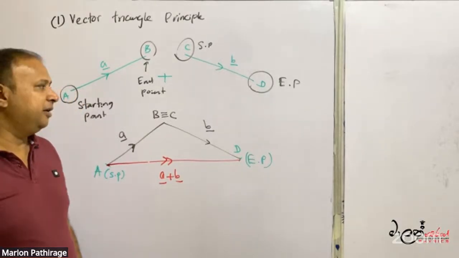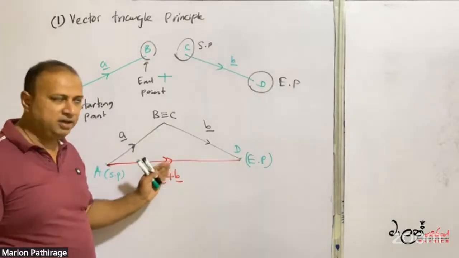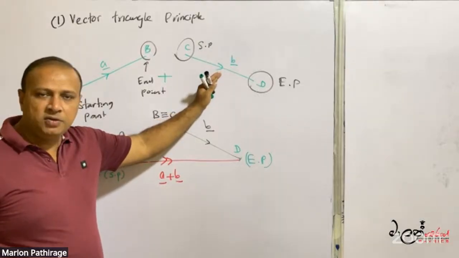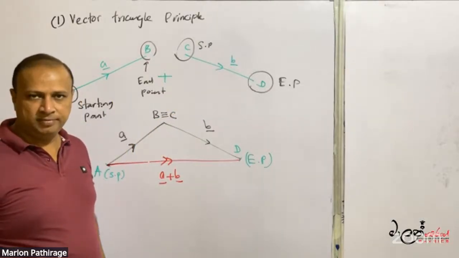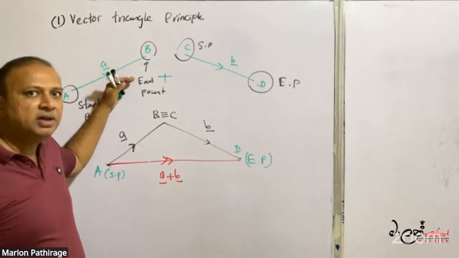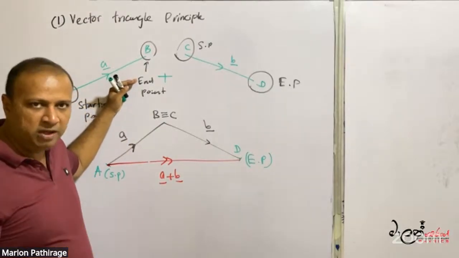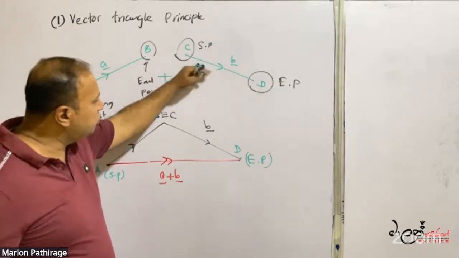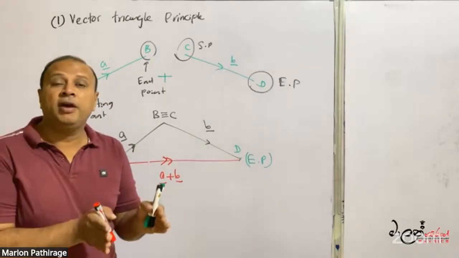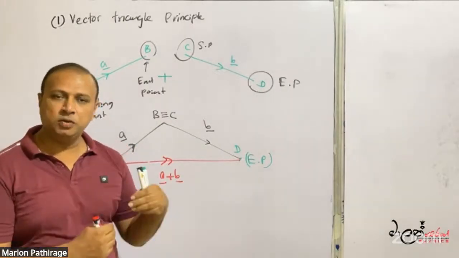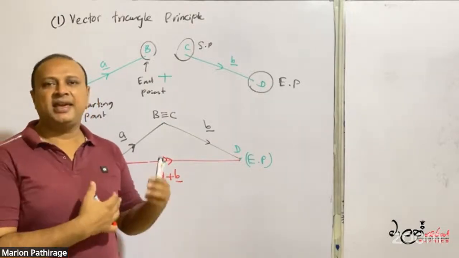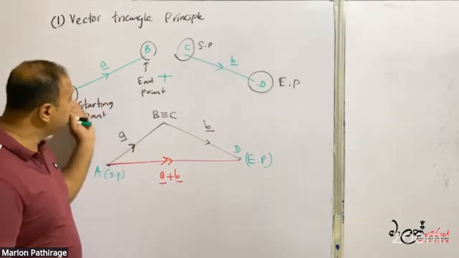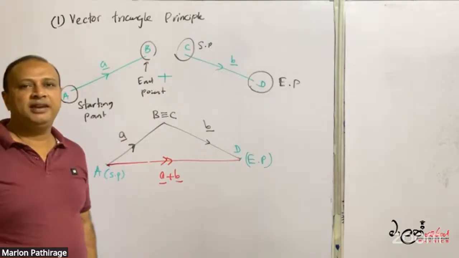Okay. To do this, definitely these two vectors should be represented in magnitude and direction using line segments. That means this should be the geometrical representation of those particular vectors. Otherwise, we cannot do this. That means we have to represent those vectors in a defined scale, as well as draw the line segment in the exact direction of the vector.